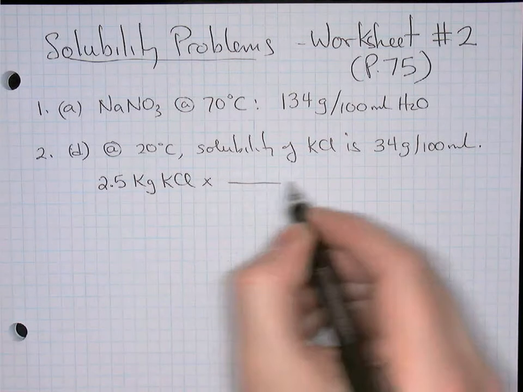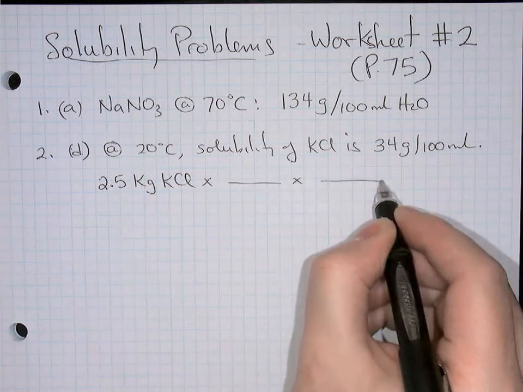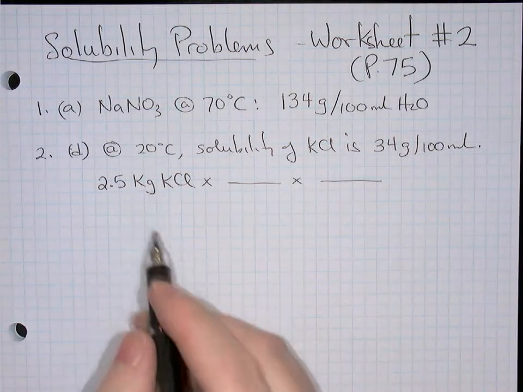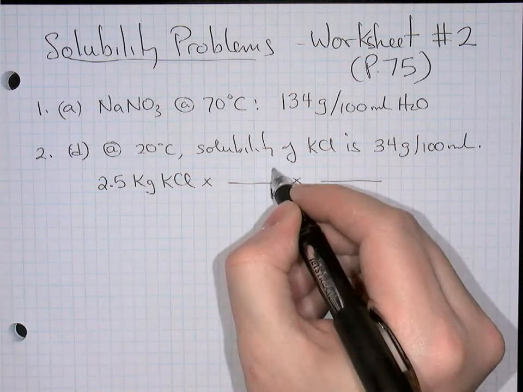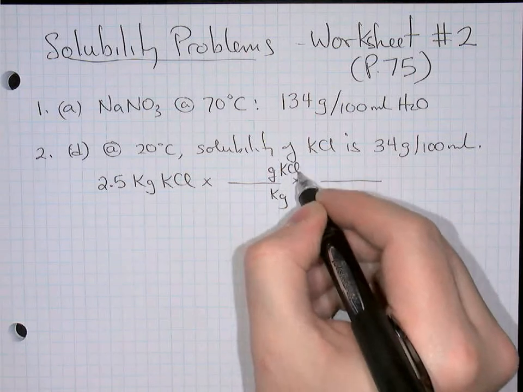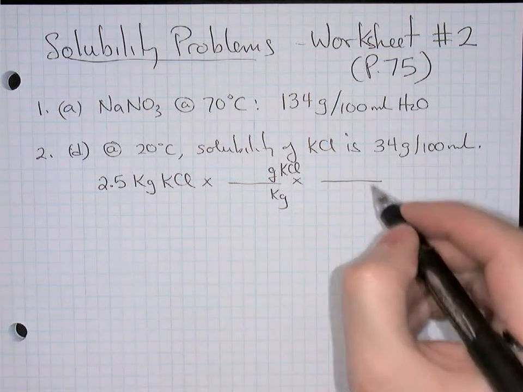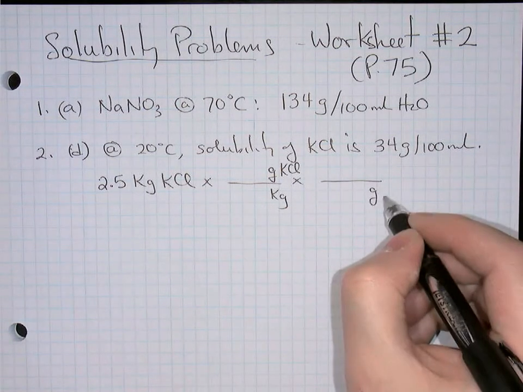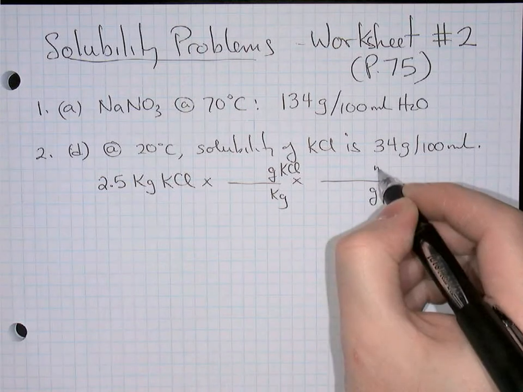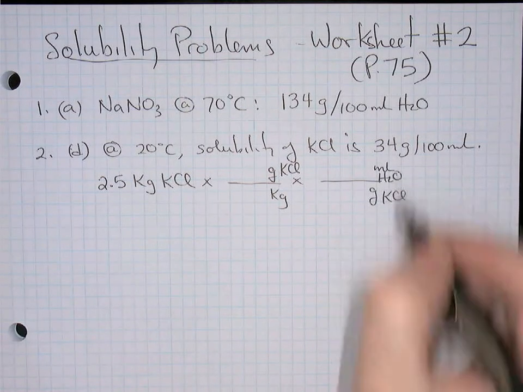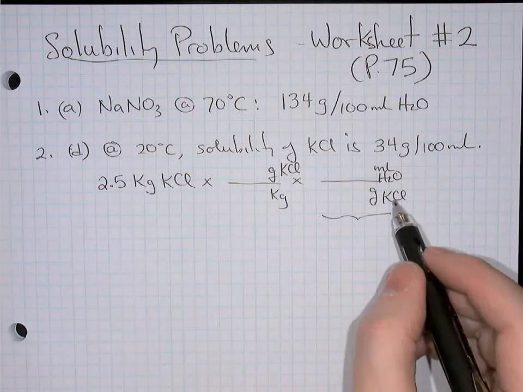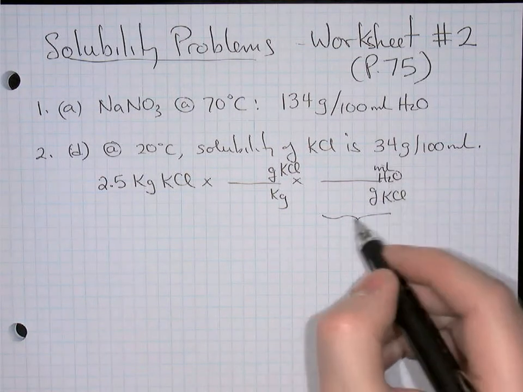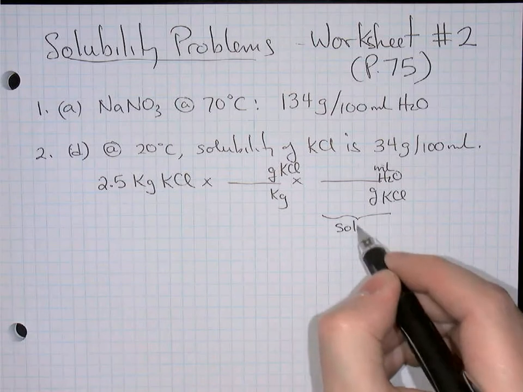So we're going to use 2 unit multipliers. The first will convert the kilograms to grams. So get rid of kilograms and switch to grams of KCl. The second one will convert from grams of KCl to milliliters of water, which is what we're trying to find. That unit multiplier, grams of a salt and volume of water, that's my solubility.